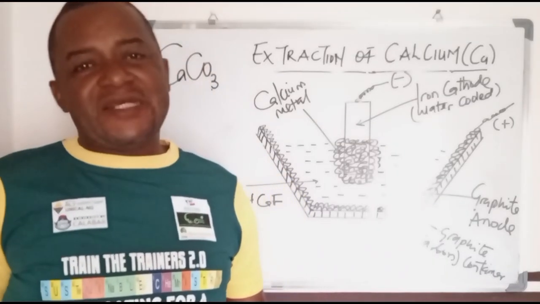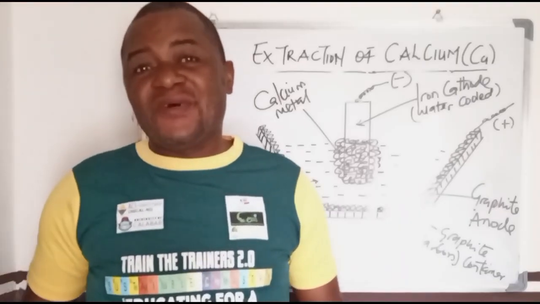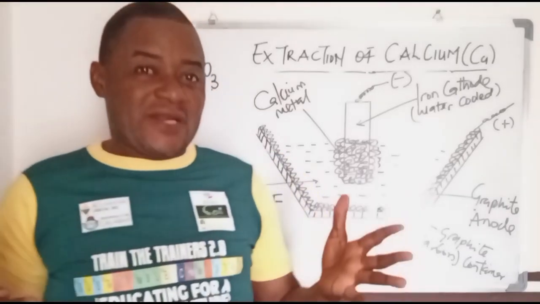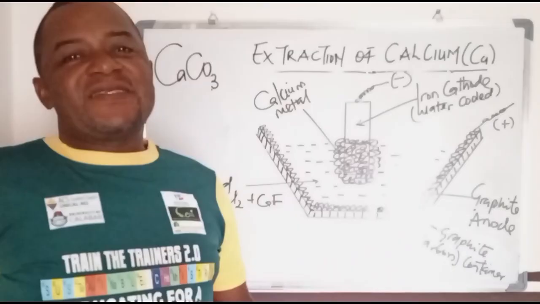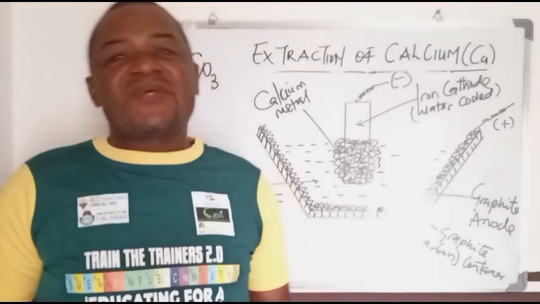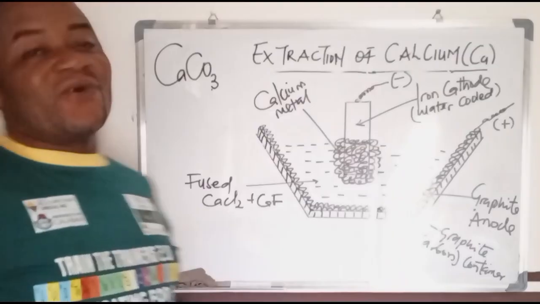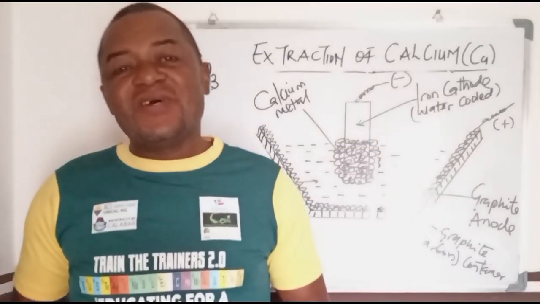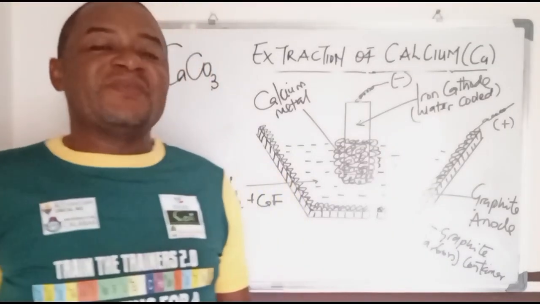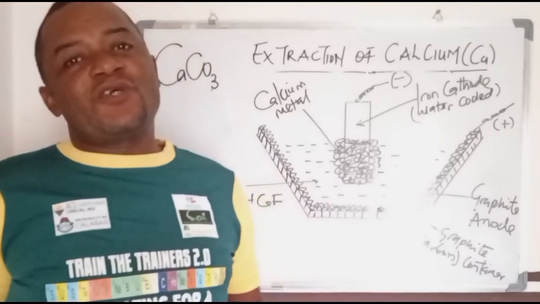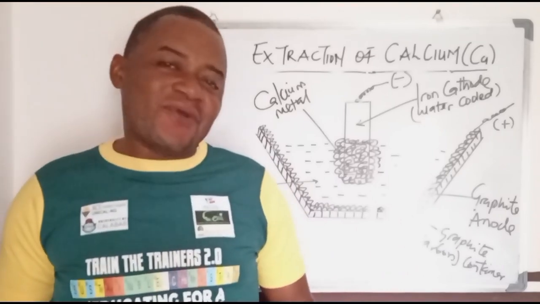The Solvay process is a process that is used in the production of sodium carbonate. So it is from the Solvay process you can easily have calcium chloride, because calcium chloride is the major ore of calcium that is used to extract calcium metal in its pure form.